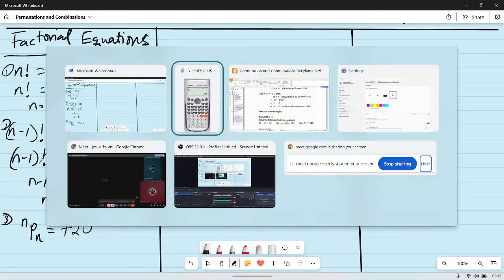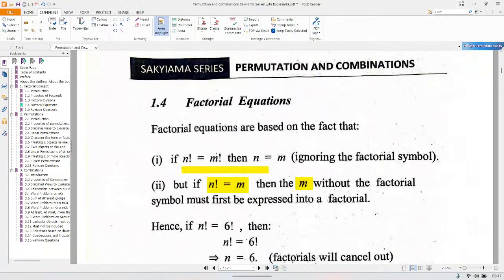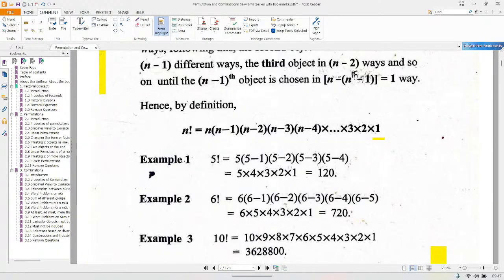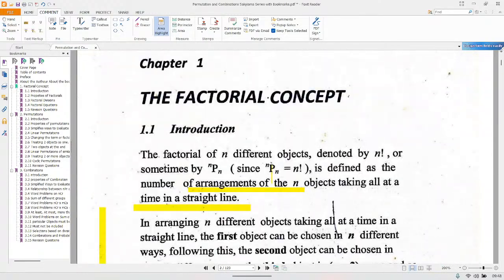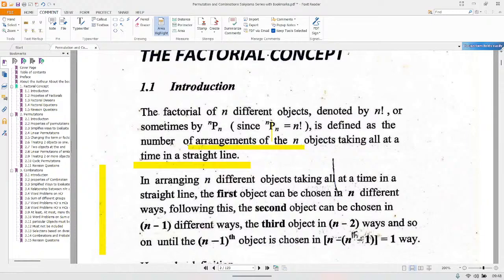Whenever you see n permutation n, from the definition on the first page, it says that the factorial of n different objects is denoted by n factorial, or sometimes n permutation n. So anytime you see a number permutation itself, it is the same as the number factorial.